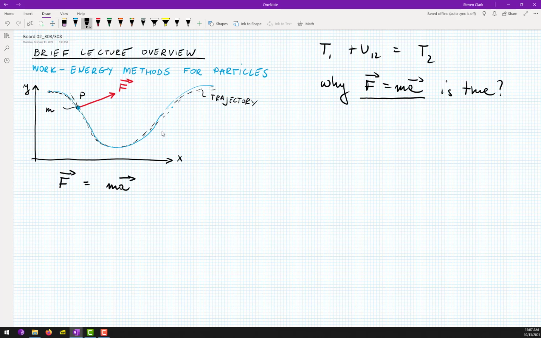You guys are correct. The correct answer is that I have no idea why F equals to ma. And if you know, please let me know. I just know that it is true. This is how our world works. And why? I don't know.